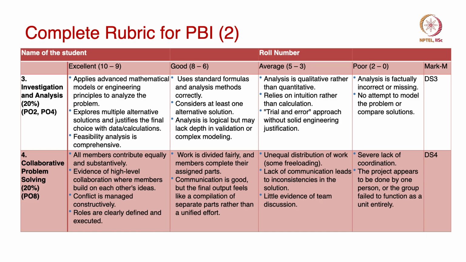Third one is investigation and analysis. Excellent is applies advanced mathematical models or engineering principles to analyze the problem. Explores multiple alternative solutions and justifies the final choice with data and calculations. Feasibility analysis is comprehensive. If you do all this, investigation and analysis becomes excellent.